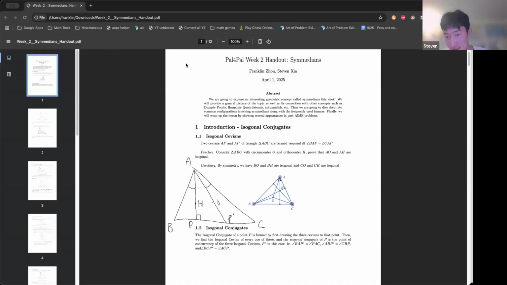OAB is greater than 0. Kevin, could you please clarify what you mean by that? So we're trying to find BAH is greater than or equal to CAO, I think. BAH is what?